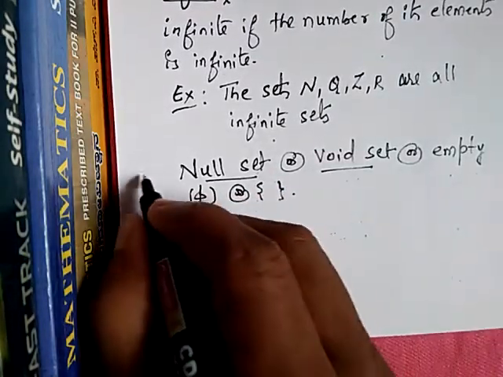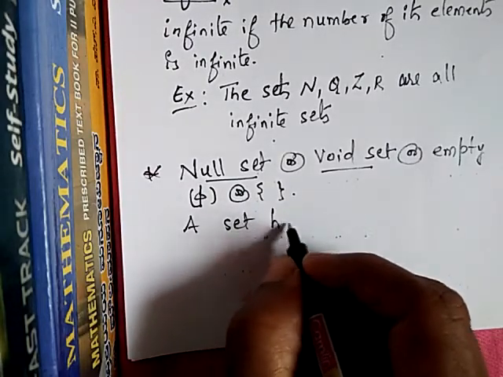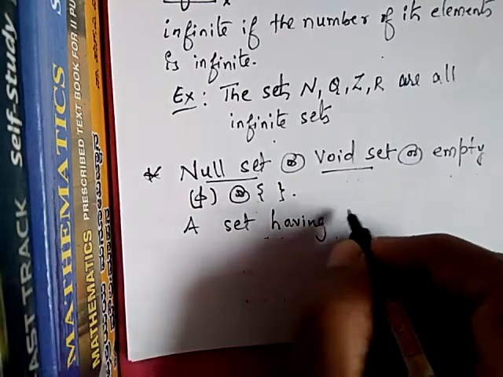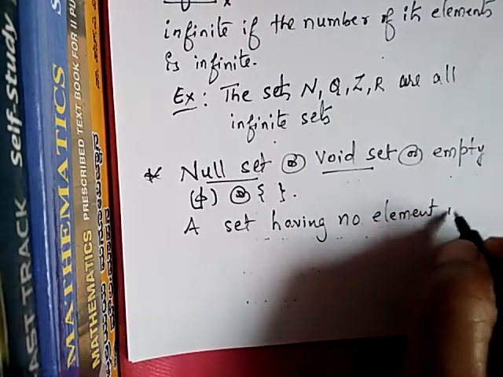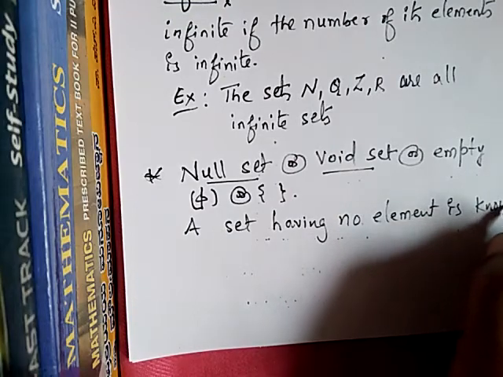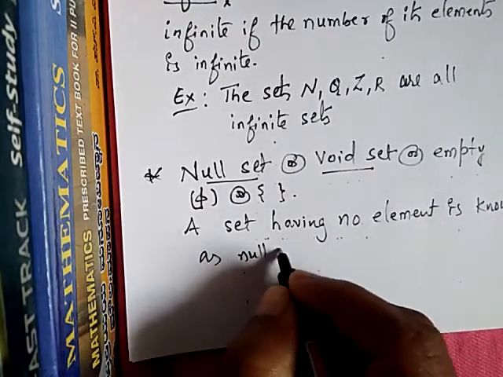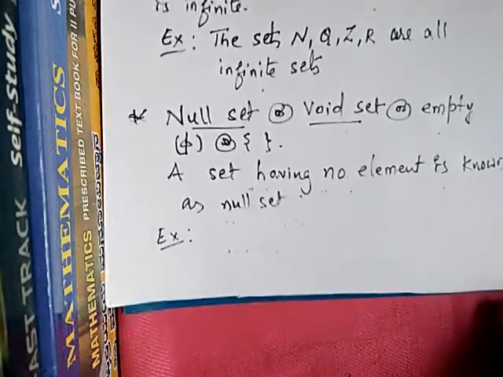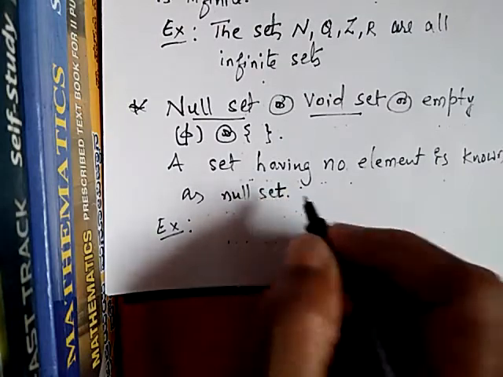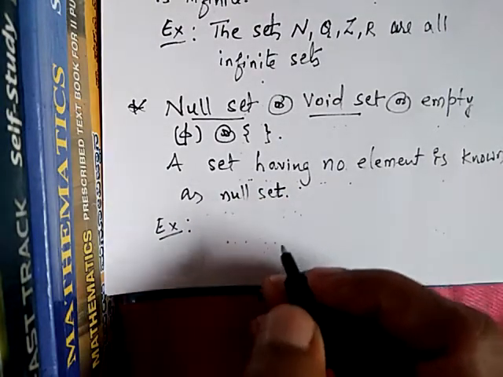Okay, so what is the definition here? The definition of null set: a set having no element in the set is known as a null set. For example, you can take any example.